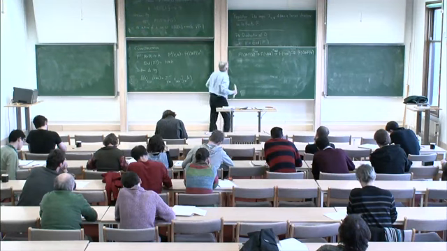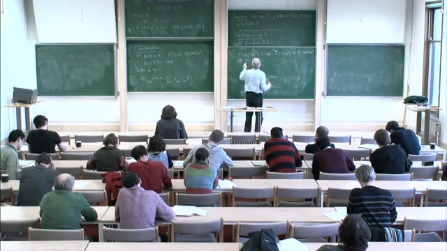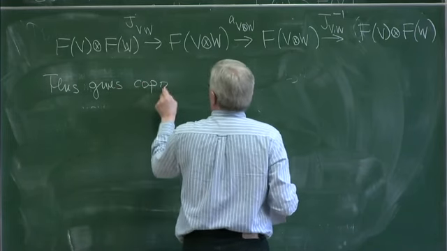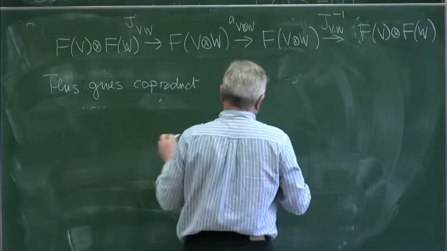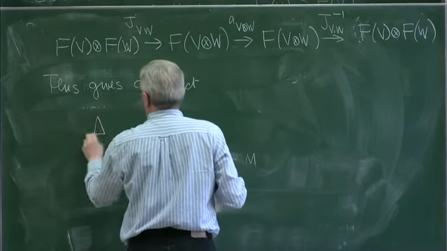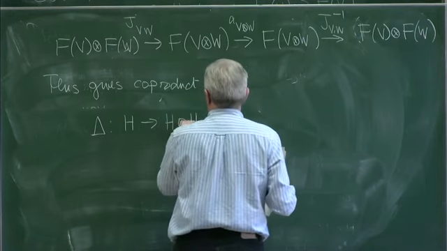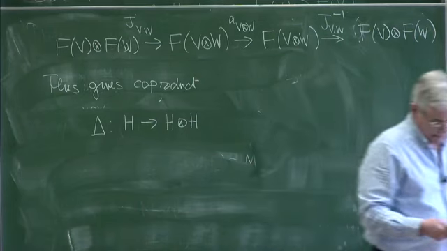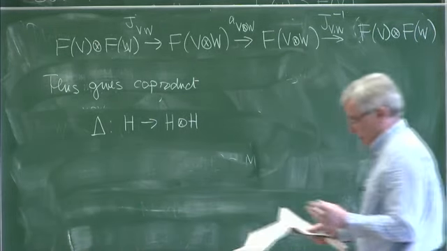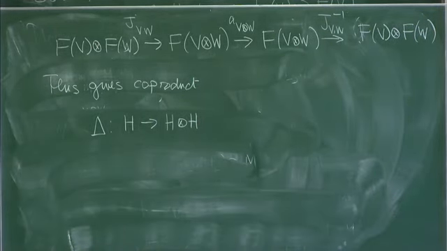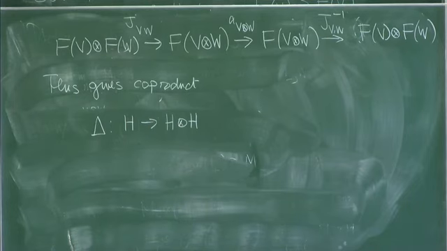Therefore, this is an element. So this gives the co-product, delta from H into H tensor H. Okay, so that again is just a functorial construction. So that's the co-product.